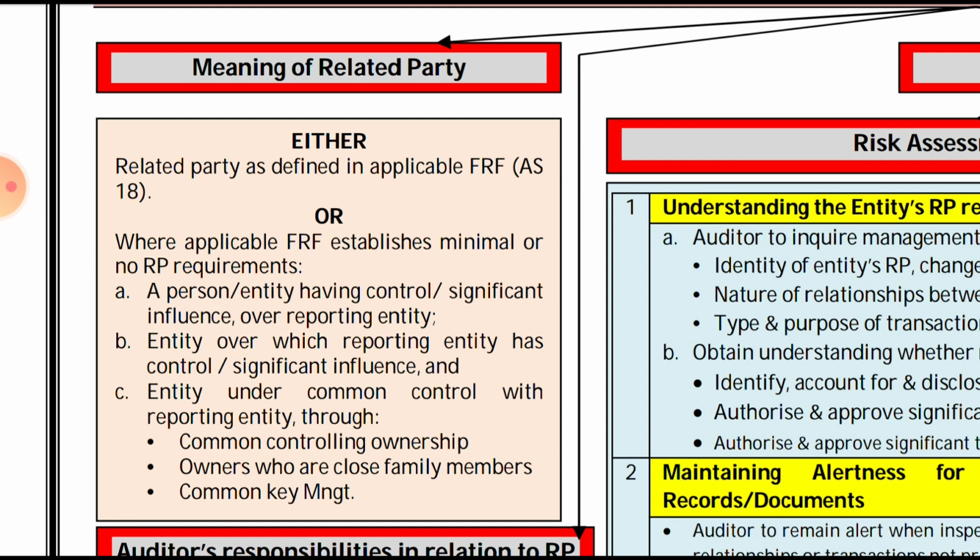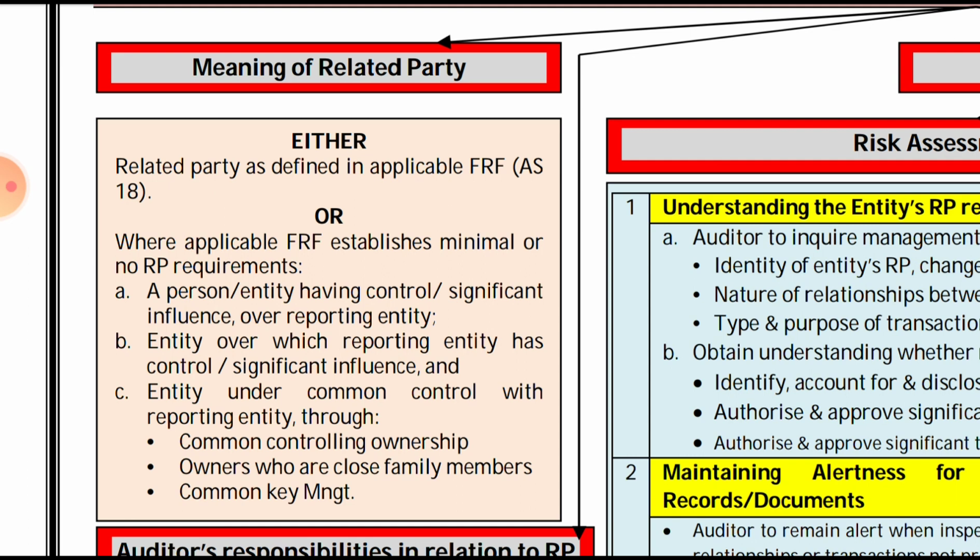So if the FRF establishes minimal, low, or no reporting requirement, then who will be the related party basically? The standard has defined it as a person or entity having the control or significant influence over the reporting entity, or the entity over which the reporting entity has the control or significant influence, that is, the holding has the control of the subsidiary.